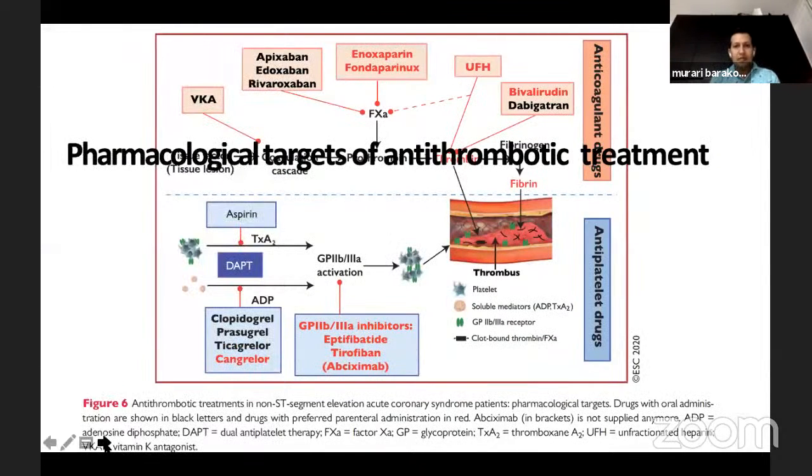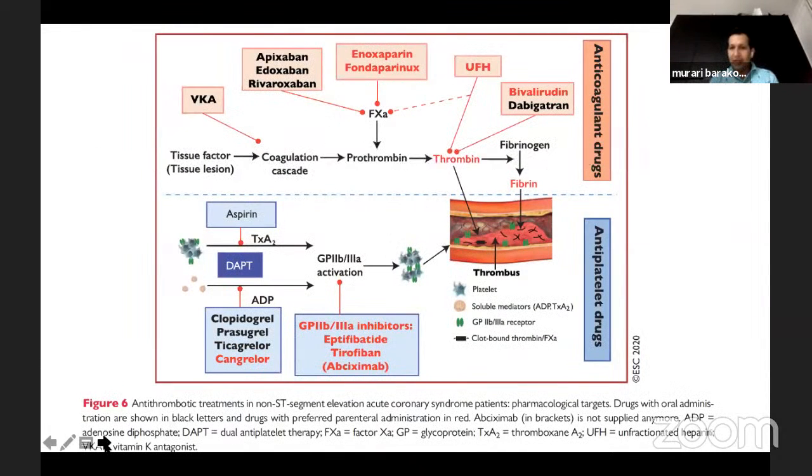These are the currently available drug therapies which target specific pathways for prevention of thrombosis. They are divided into antiplatelet therapy, anticoagulant therapy, and thrombolytic therapy. We will mainly focus on antiplatelet therapy, but anticoagulants also come into play when we go for PCI.